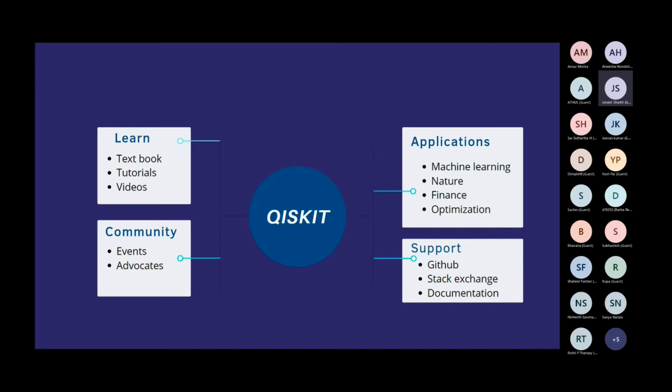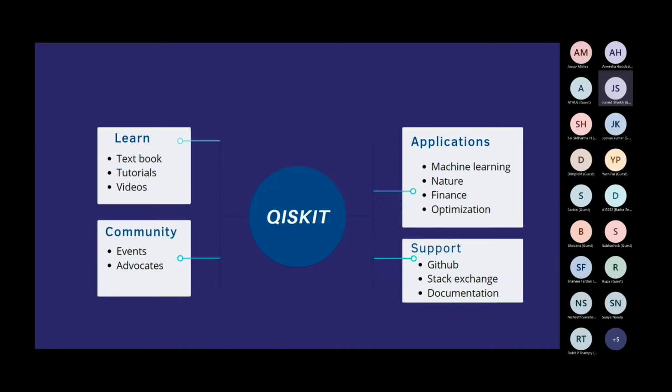There are also many community events, like the Global Summer School, and many challenges carried out by IBM throughout the year, where you can participate and have fun, connect with people, and learn more through these challenges.